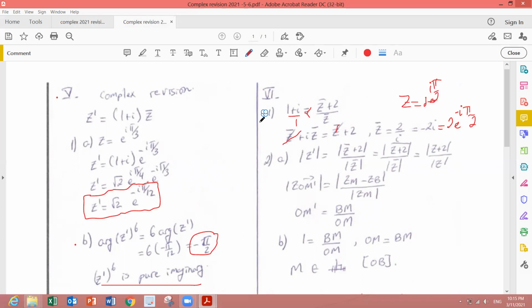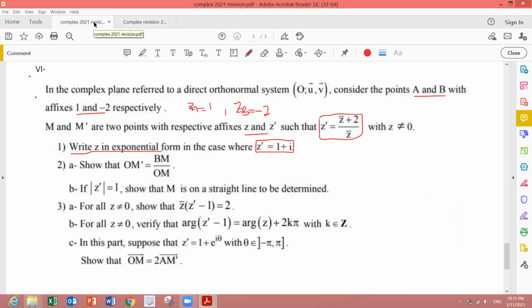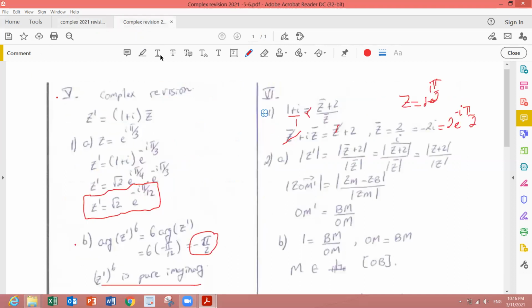Part 2. Show that the length OM prime equals BM over OM. Distance, and we are going to use modulus. So modulus of Z prime equals modulus of Z bar plus 2 over modulus of Z bar.